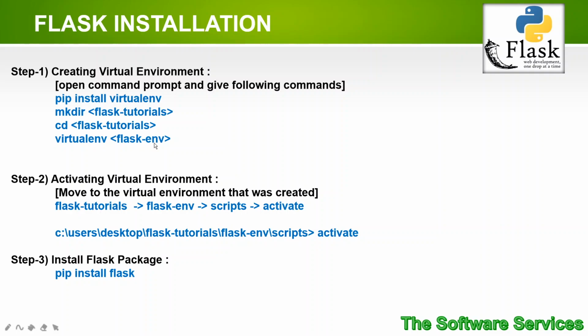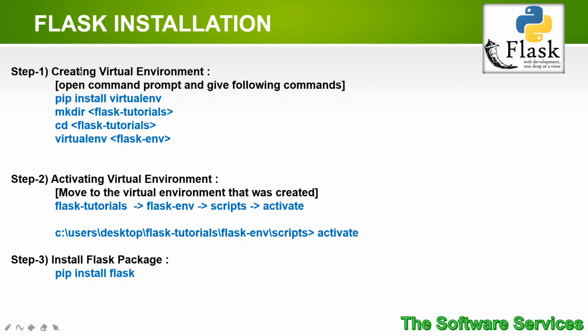This name is also your wish, you can name it whatever you wish. Since it is Flask tutorials, I am giving flask-env. The name which you give here will appear in the subsequent command prompts, denoting in which environment you are working.